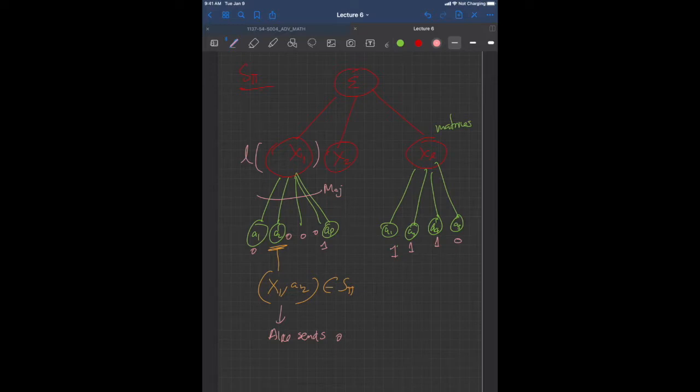For example, in this particular example, all but one child has label 0, so the majority label is 0, so this matrix gets the label 0. But if you look at this matrix, the majority of its children have label 1 and it gets label 1. Here's a simple fact about this labeling: if a matrix is labeled 1, then at least half of its children would be 1, right?